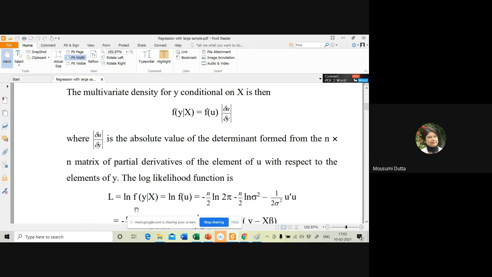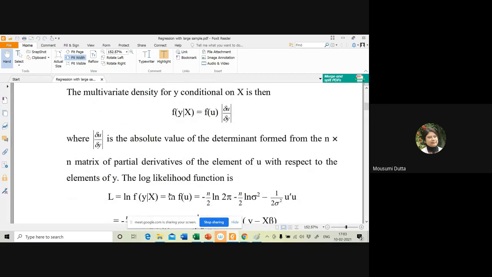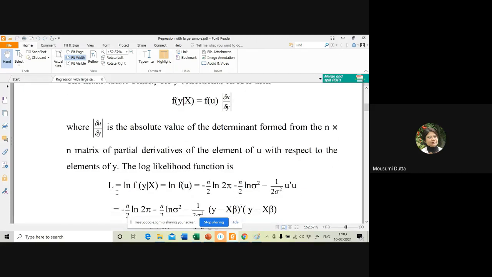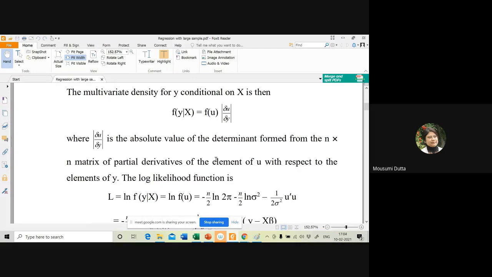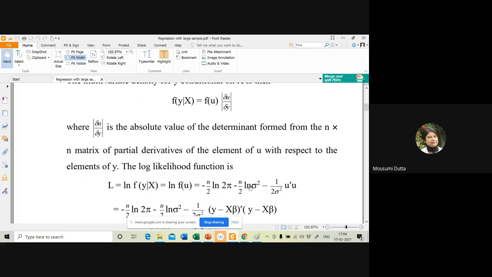The log likelihood function, generally, if it is a normal function, with exponential to the power something, we will go for the log likelihood function, because that will be linear in parameters. So we are considering L, which is ln of f of y given x, which is equivalent to ln of f of u, that is minus n by 2 ln 2 pi minus n by 2 ln sigma square.